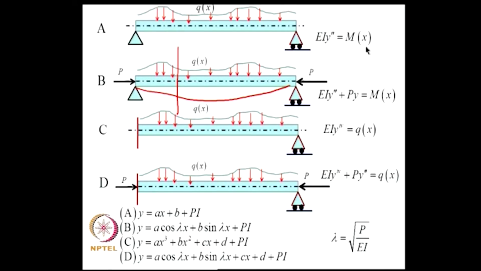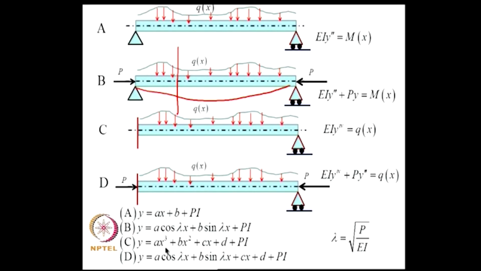Now, if we quickly solve these equations, the first equation, situation A, the solution will be like ax plus b plus a particular integral, which involves the bending moment and hence q of x. In the second case, if I call square root of p by EI as lambda, I will get a cos lambda x plus b sin lambda x plus a particular integral.